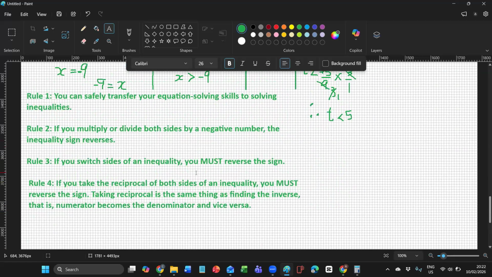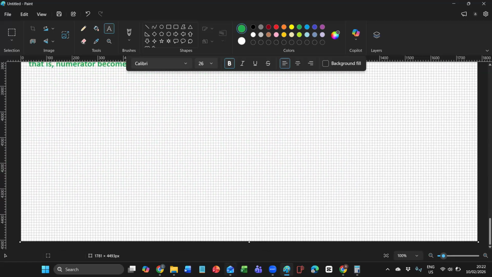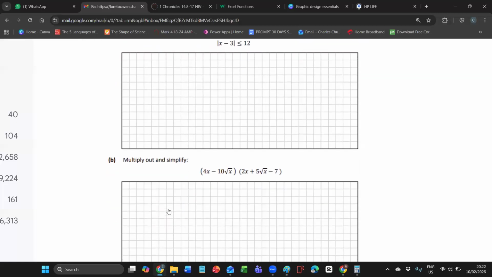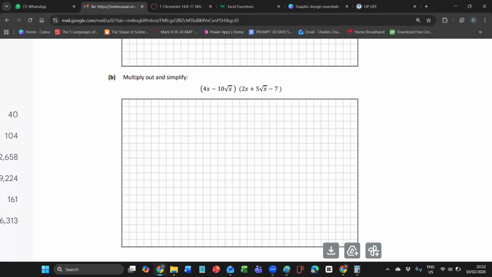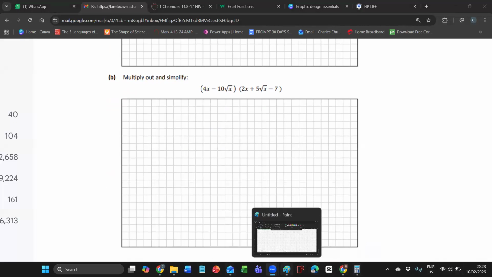But for now, let me see if I can do one of these questions before we call it a day, before my battery shuts me down. Let me see what is left. It says 18%. Okay, let's quickly do this. Where is it?